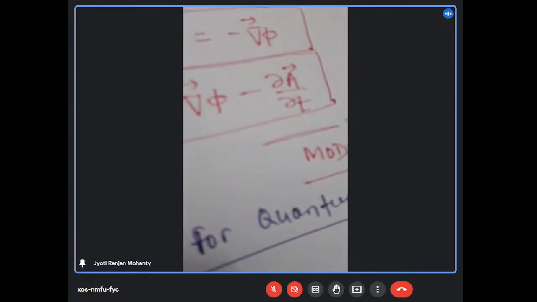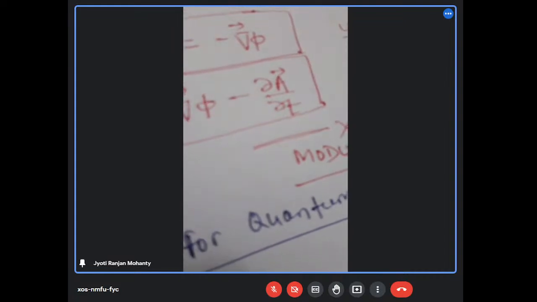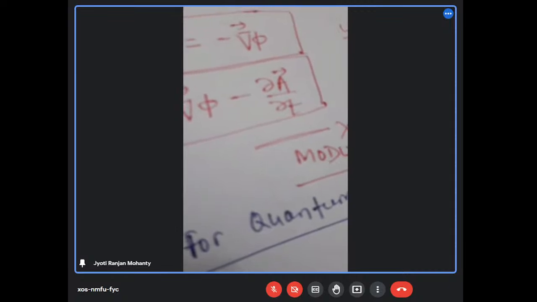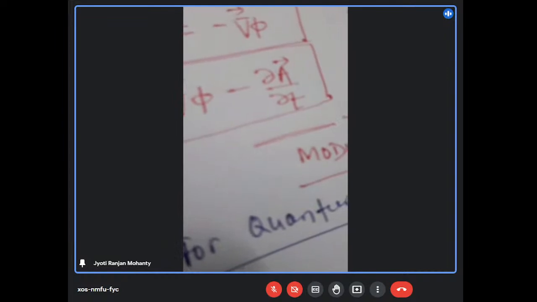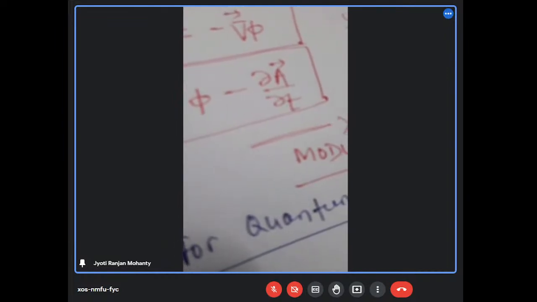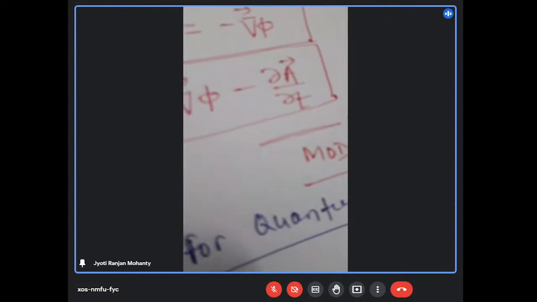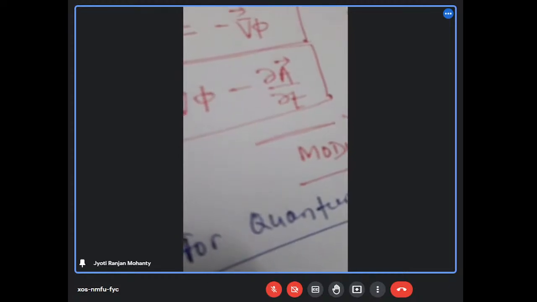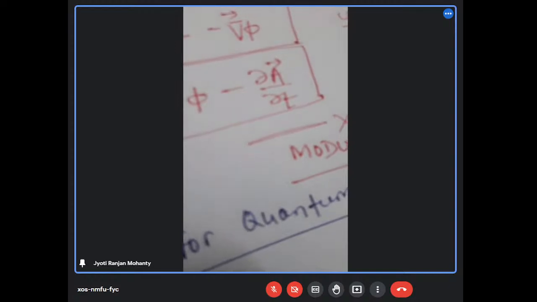The quantum idea was first introduced by Max Planck in the year 1900. He explained the energy distribution in the spectrum of black body radiation.